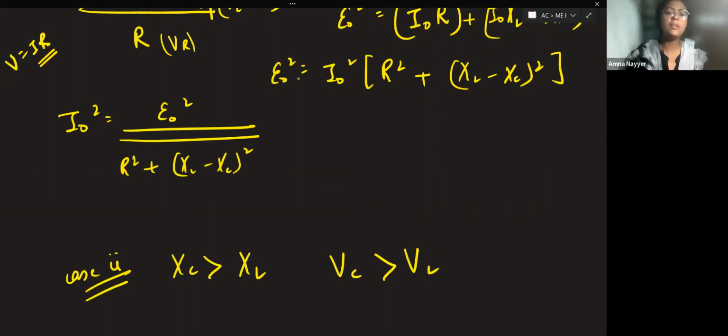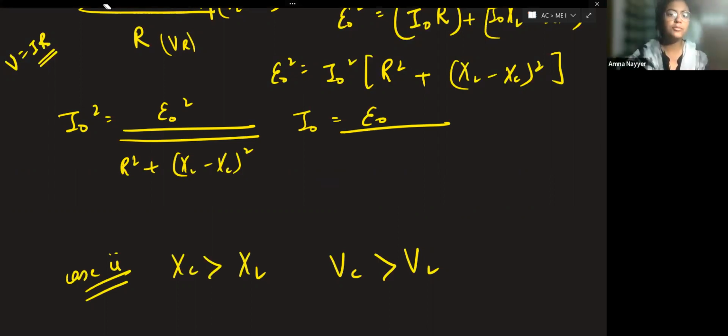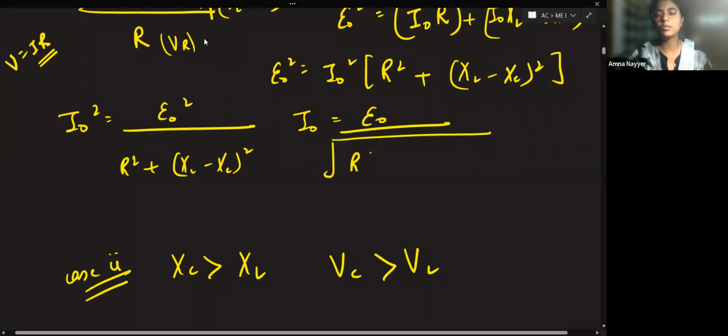So current will be equal to what? I naught will be equal to E naught divided by, and since there is no square for this entire term, we can place a root sign over this term. So it becomes E naught divided by under root R square plus XL minus XC whole square.